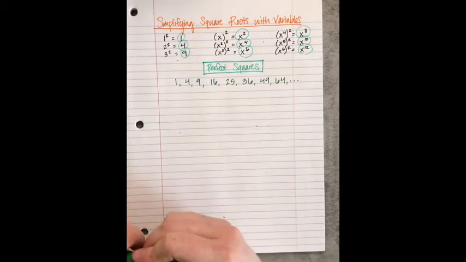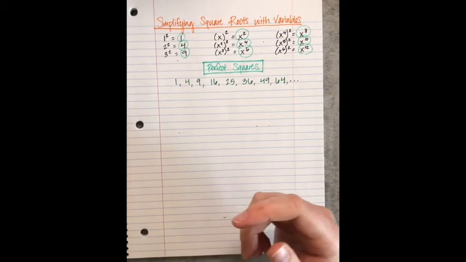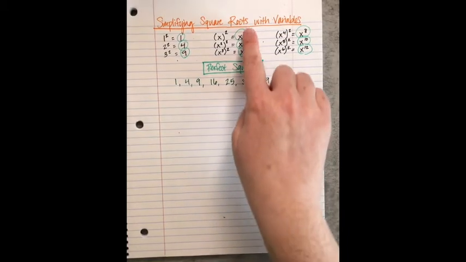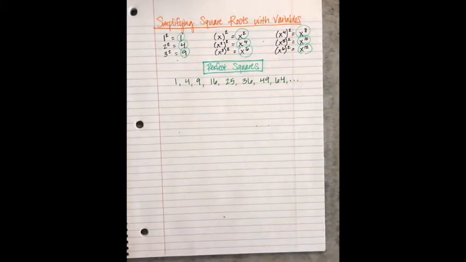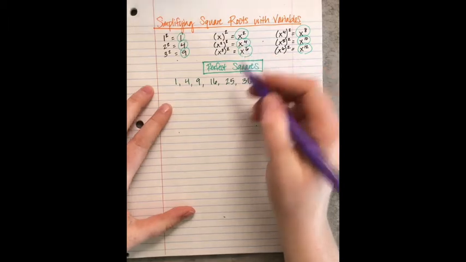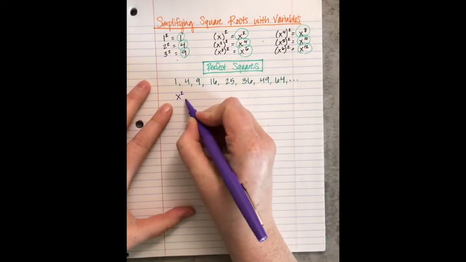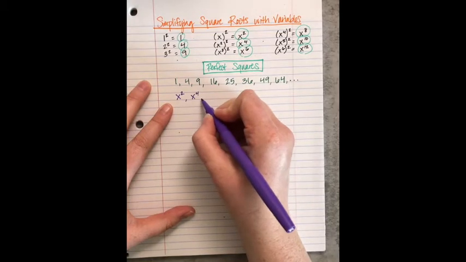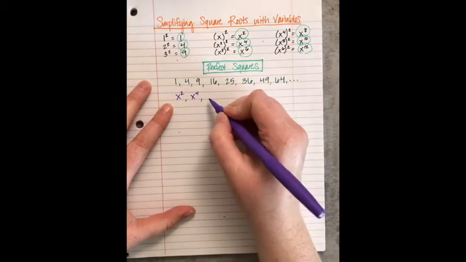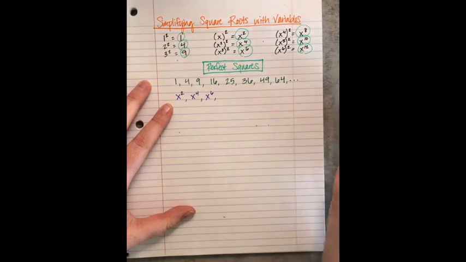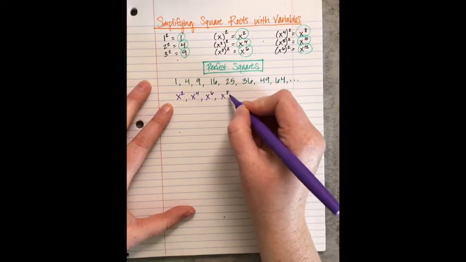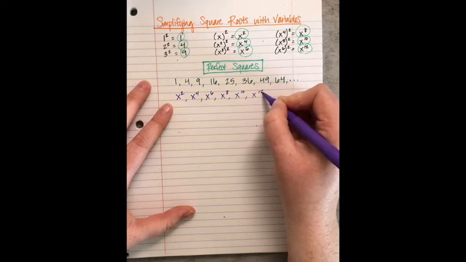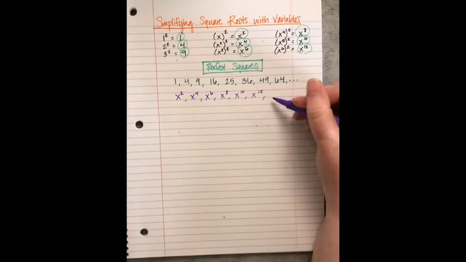There's a bunch more numbers. But what we're going to add to our list are these variables that we just found, our perfect square variables. So x squared is a perfect square. x to the 4th is a perfect square. x to the 6th is a perfect square. x to the 8th, x to the 10th, x to the 12th, and our list does keep going.